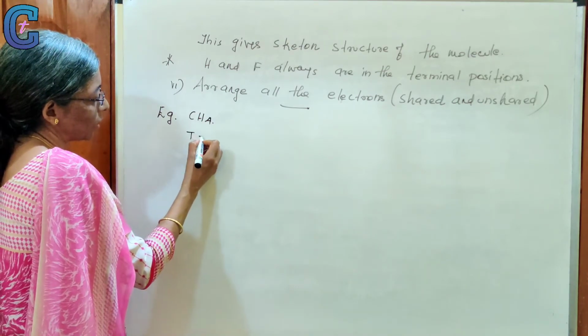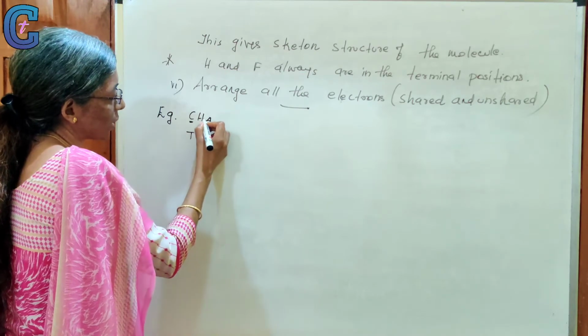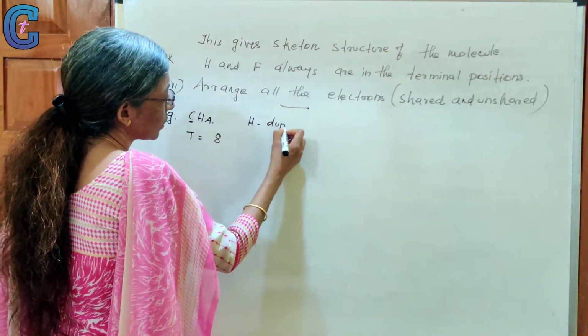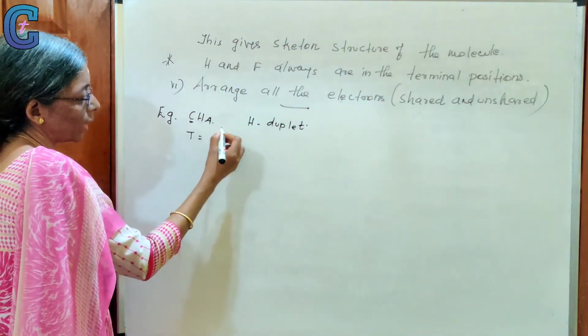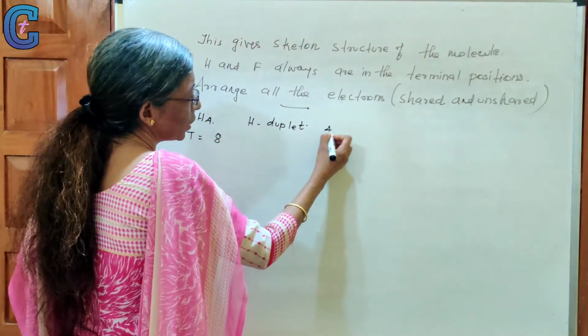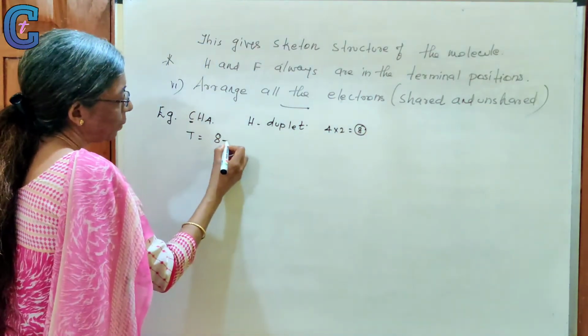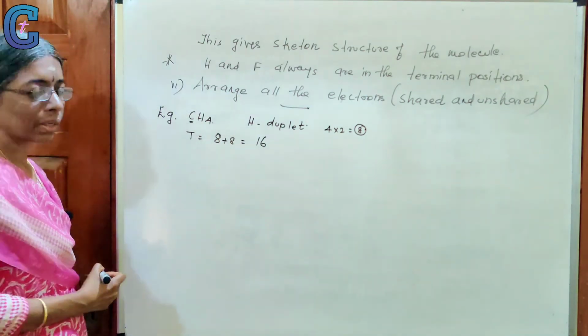For carbon, octet configuration is 8; for hydrogen, duplet. There are 4 hydrogens, so 4 into 2 is 8. So 8 plus 8 is 16, right?